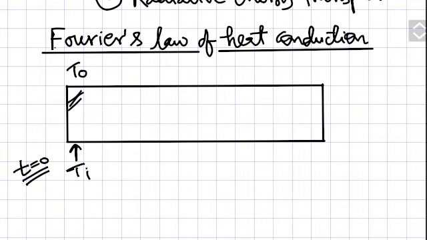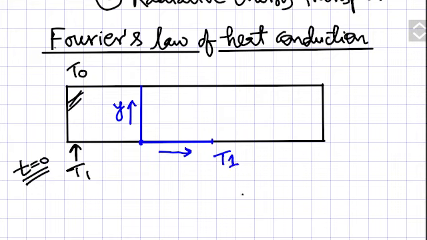So it will be like this. Here I have drawn the axis: in this direction you are taking the distance y from this 0, and in this direction you are taking the temperature. So at t equal to 0 you have increased the temperature to T1.